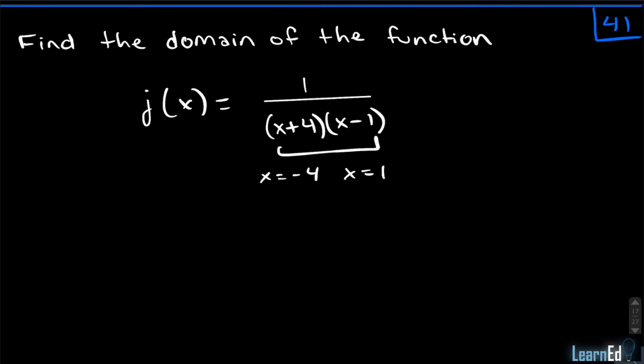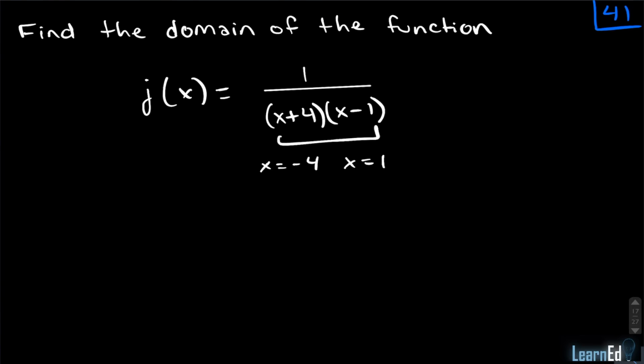Okay? And so those points are not going to be in this domain, because if you plug in x equals -4, you get a 0 in the denominator, and you can't divide by 0. So that won't be a point on the function.